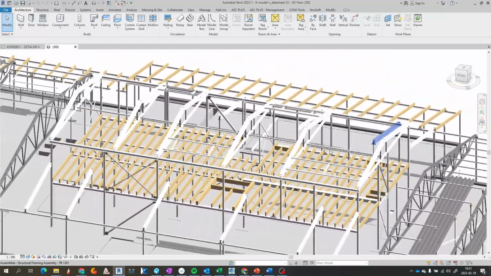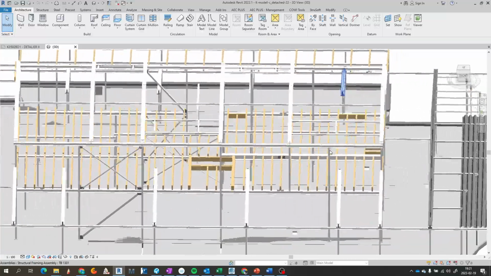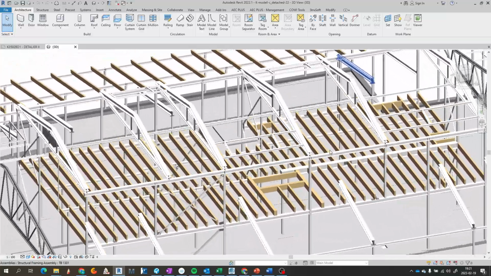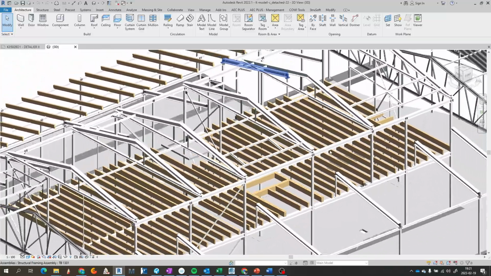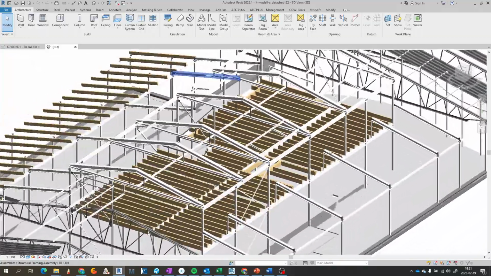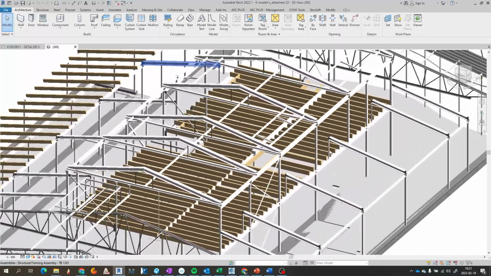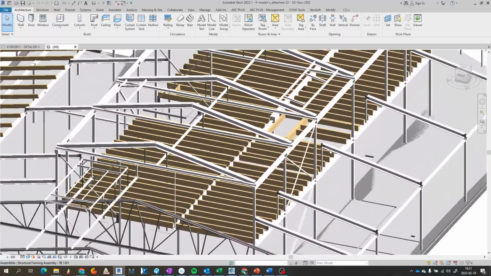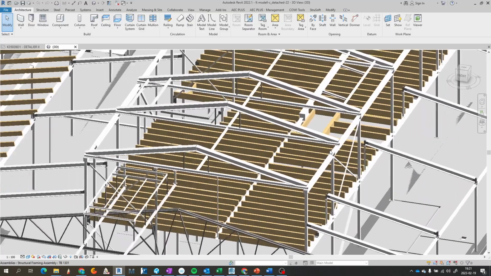So the roof on the second floor is not prefab trusses. But you have a slab here which is timber, and for this stuff you have, for example, timber beams.